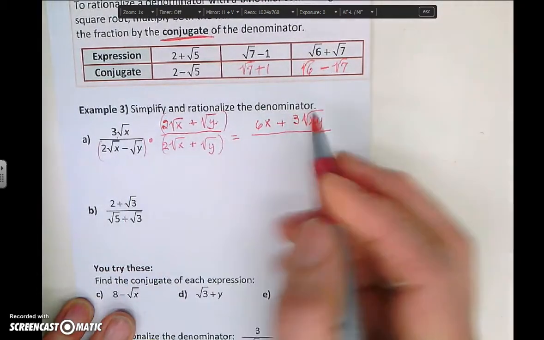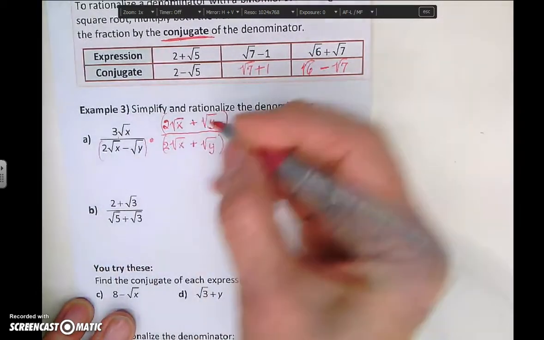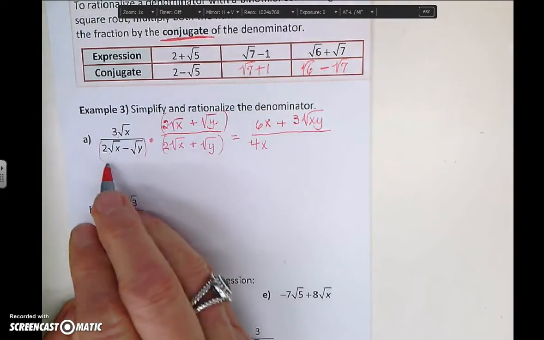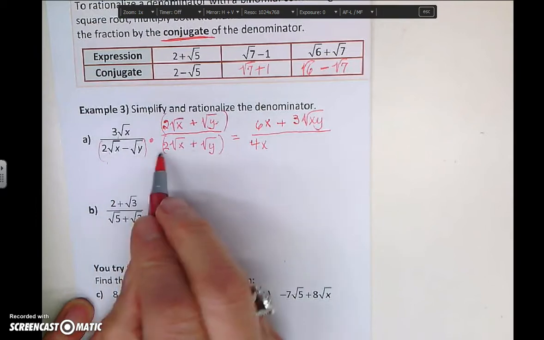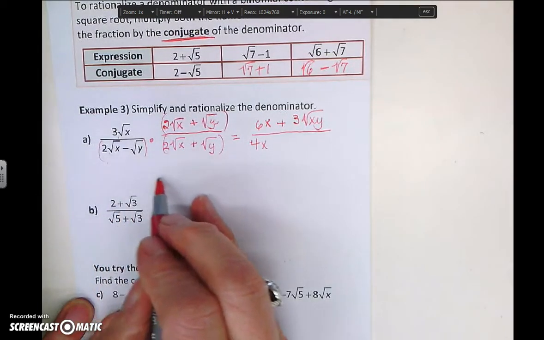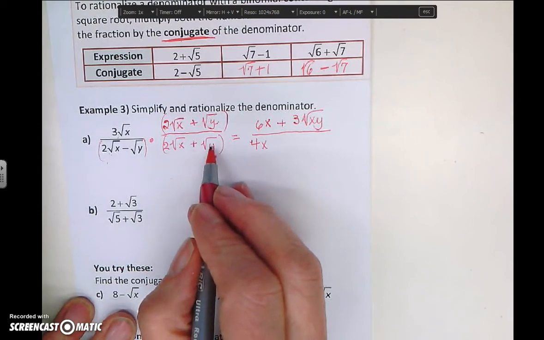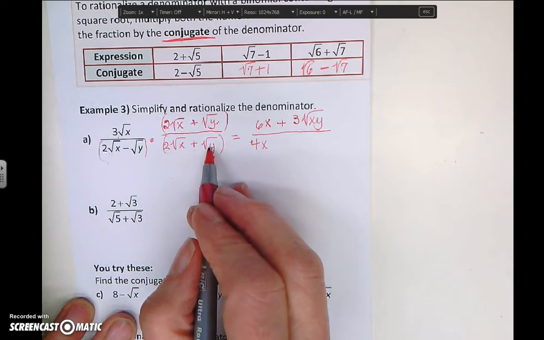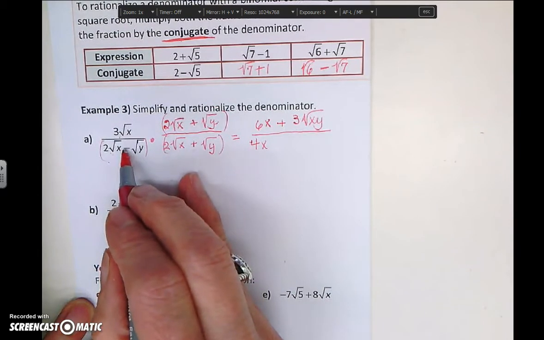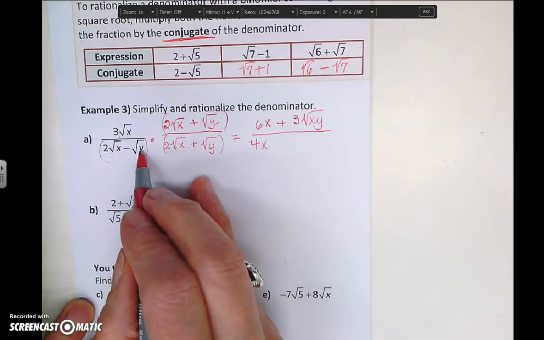Divided by, and then I'm going to FOIL this. So I get 4x. I get 2 times 2 is 4, and radical x times radical x is x. My outside is going to be a positive 2 square root of xy, and my inside is a negative 2 square root of xy.